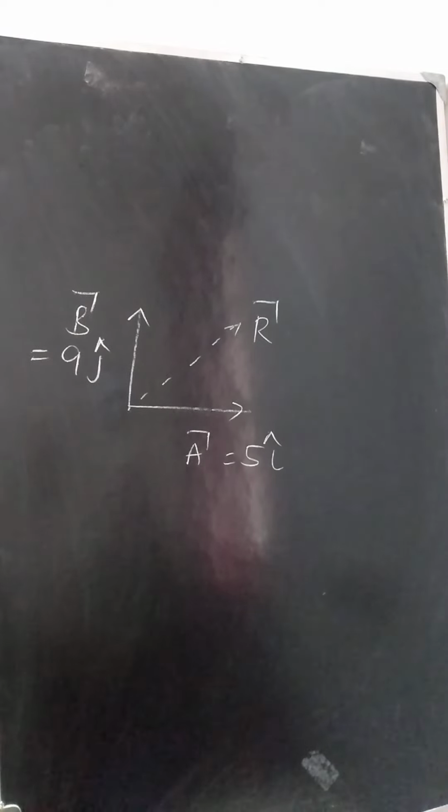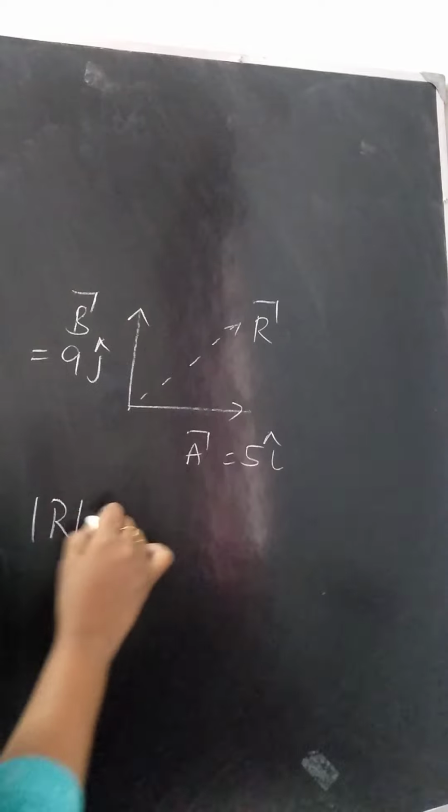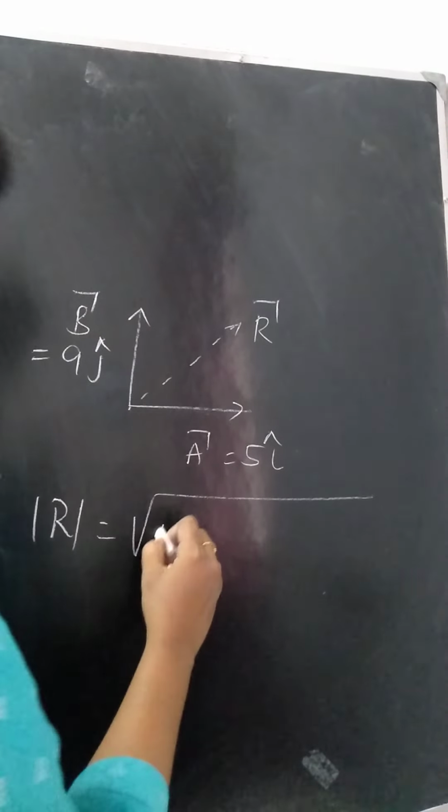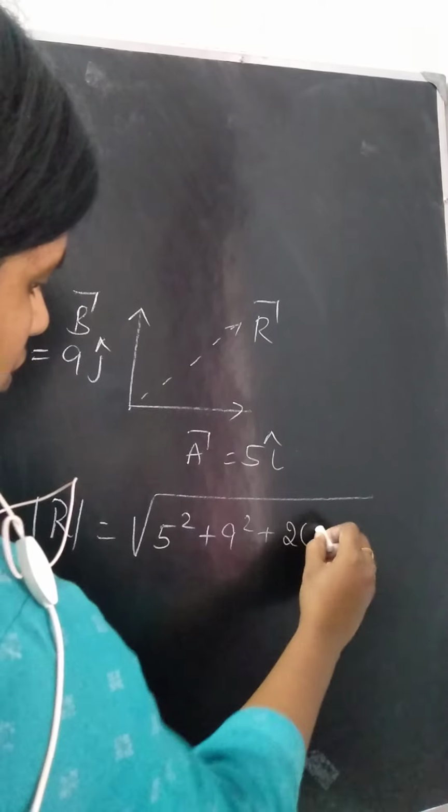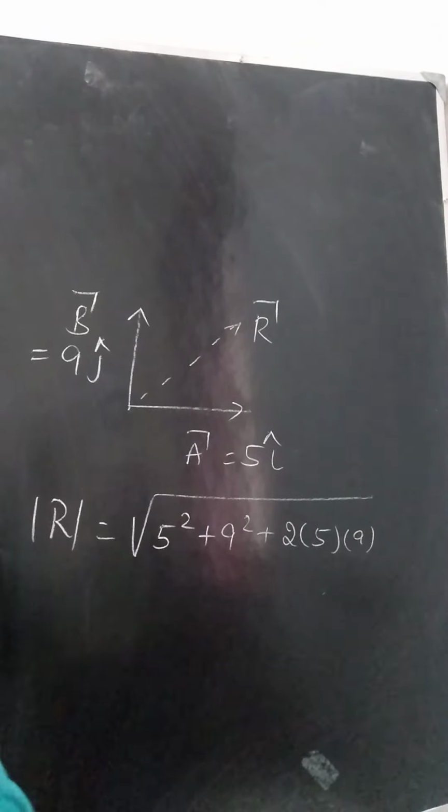How will you find the resultant? What is the theta value? What is the angle between the two?